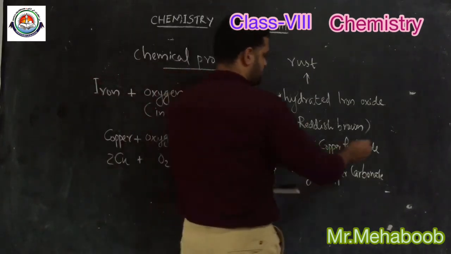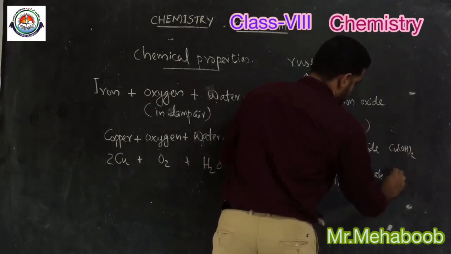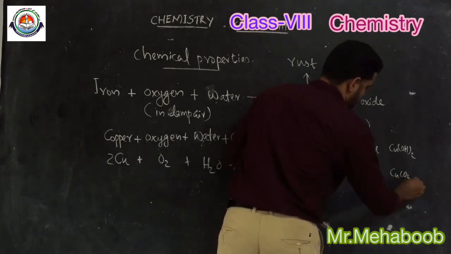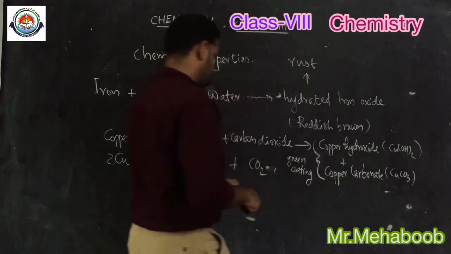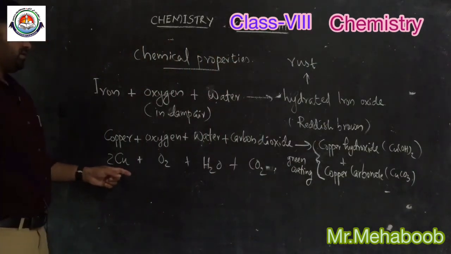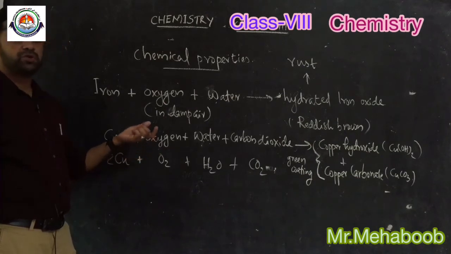I am writing the formulas. Copper hydroxide is Cu(OH)2, and here CuCO3. Okay, this is what happens when copper material is exposed to damp air.